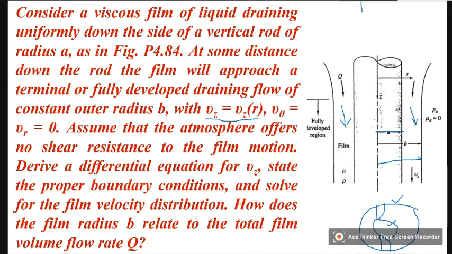With Vz is a function of r. This is our z direction. So z is vertically downwards. So the body force will be acting like this. Right? And this velocity is given as Vz. Velocity which I was telling.